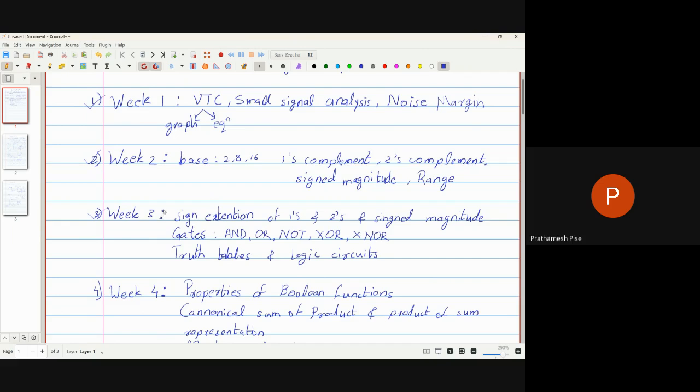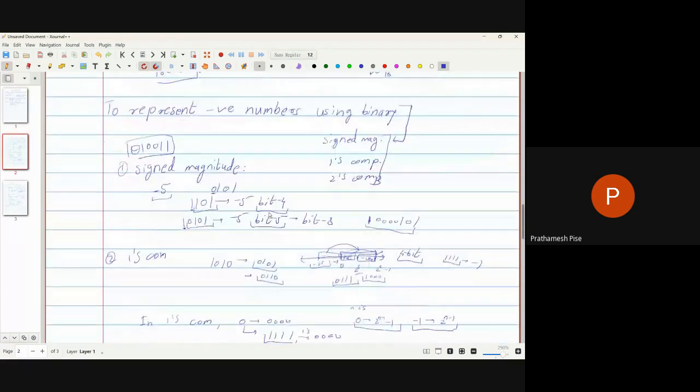So I guess we have covered the sign extension for signed magnitude. We have not covered it for ones and twos complement, so we'll cover that first.